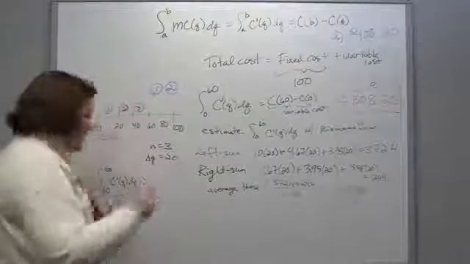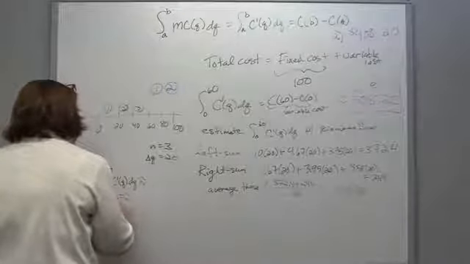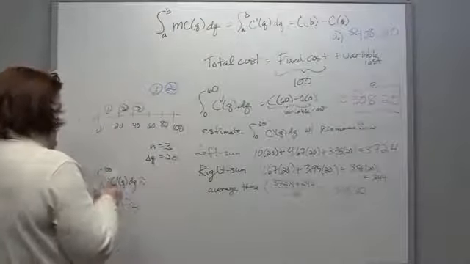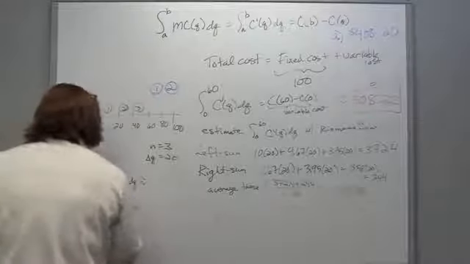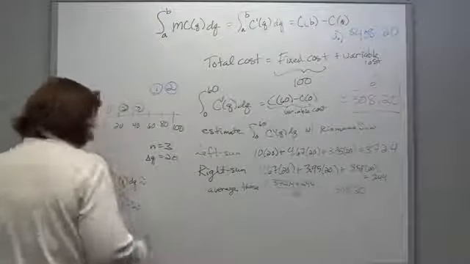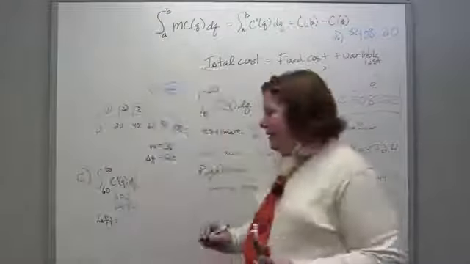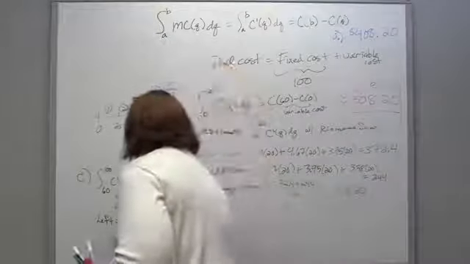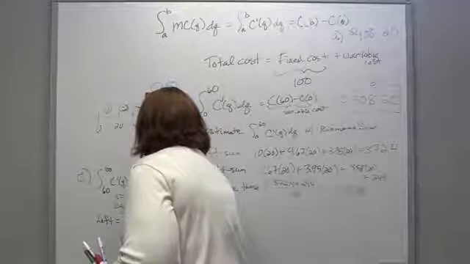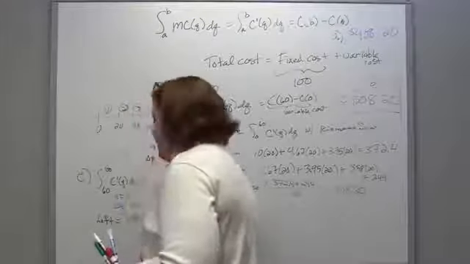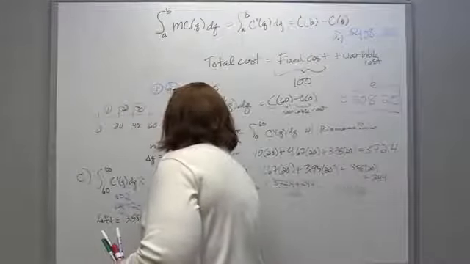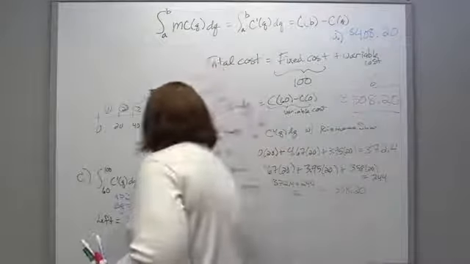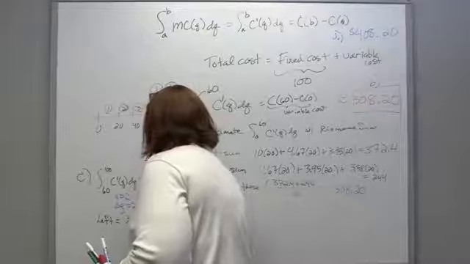We have 2 rectangles. Width is still 20. And for our left sum, we're looking at 3.58 times 20 plus 3.33 times 20. And that ends up being 138.20.